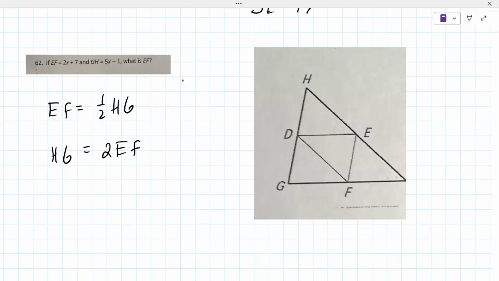So HG, 5x minus 1 equals 2 times 2x plus 7. X equals 15. Okay. And then they want you to find EF this time. 2 times 15, 30, plus 7, 37.